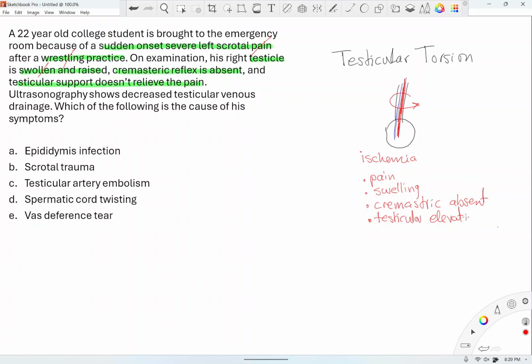Okay, elevation does not relieve pain. So these are unique. If you have sudden onset of testicular pain and swelling and cremasteric reflex is absent and testicular elevation does not relieve the pain, this should be 100% testicular torsion.